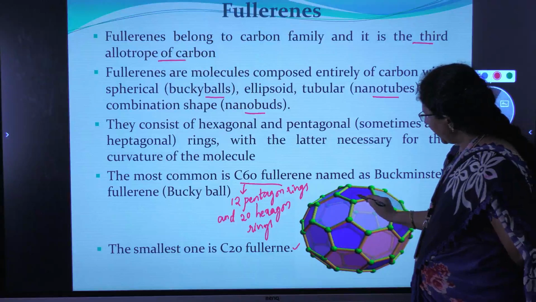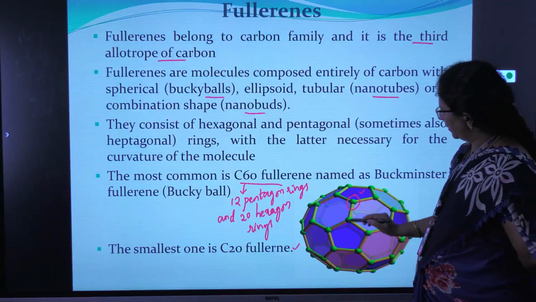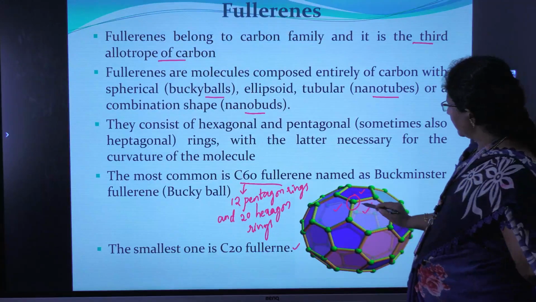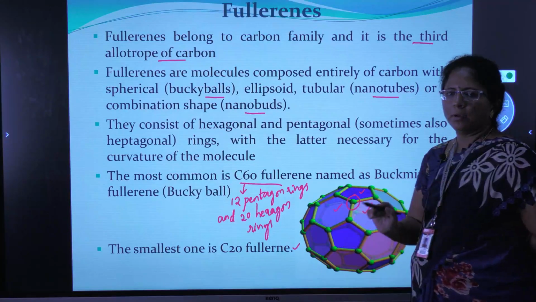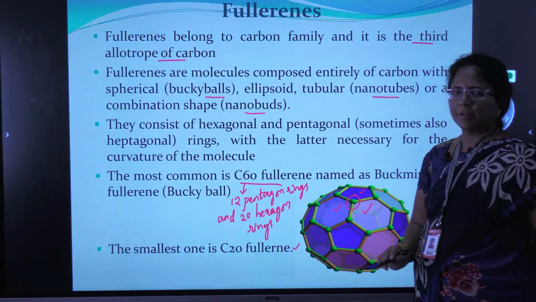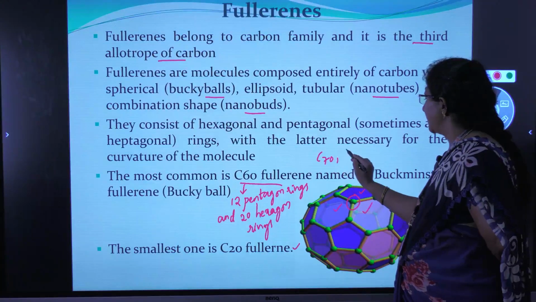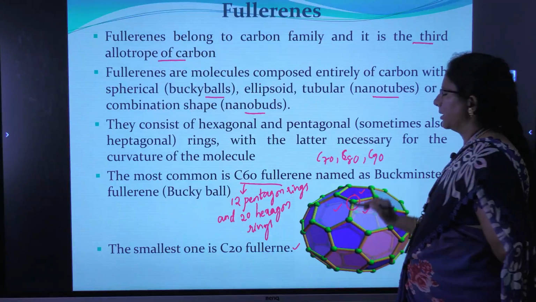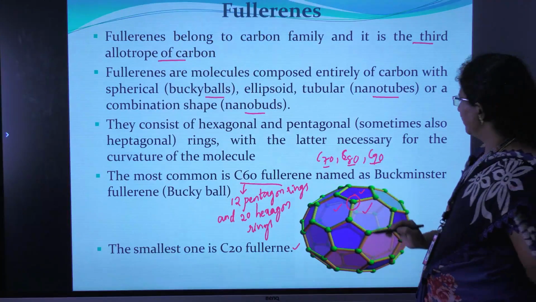And each carbon atom is a member of one pentagon ring and two hexagon rings, as well as each carbon consists of two single bonds and one double bond. And not only C60 fullerenes, C70, C80 and C90 are also possible. This indicates the number of carbon atoms in the fullerene.